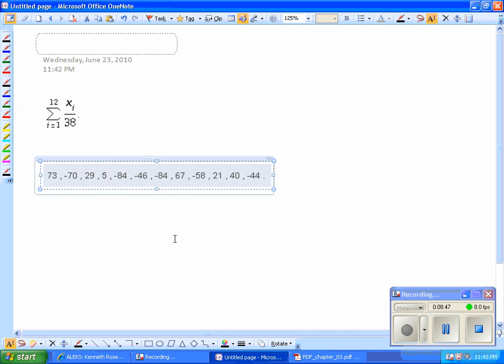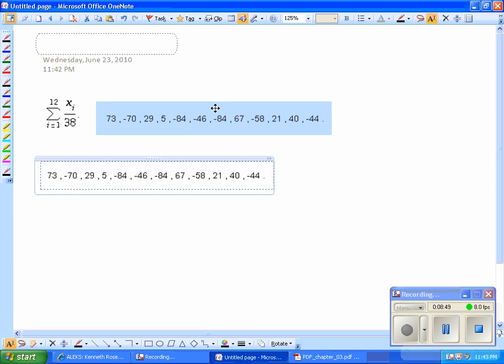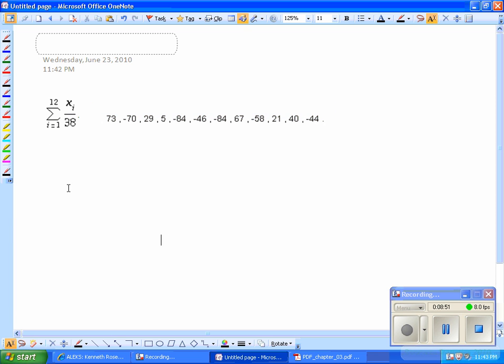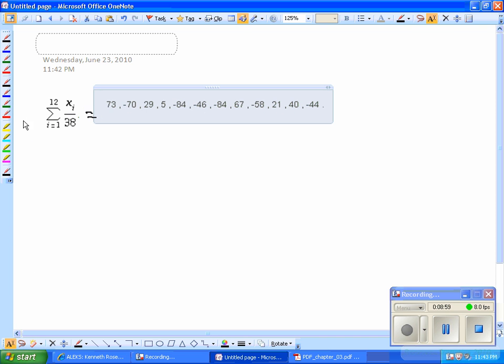Now watch, I'm going to move that up, and I'm going to put a little equal sign here. Because what this is basically saying, because it's a complete index, is I'm going to take each one of these and divide it by 12. And I'm going to add in between, right?